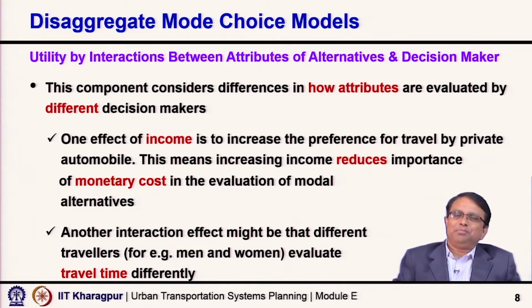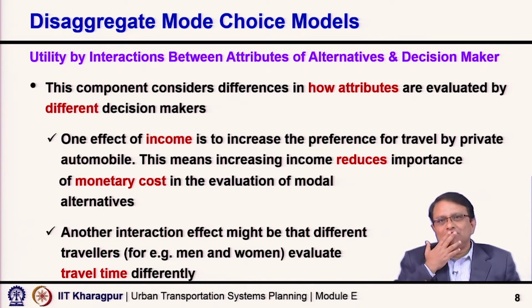Think of a variable where this interaction effect can be captured. That means, we ask what is the weightage associated with the cost. Now, instead of cost, I will take maybe cost by income, that brings the interaction.